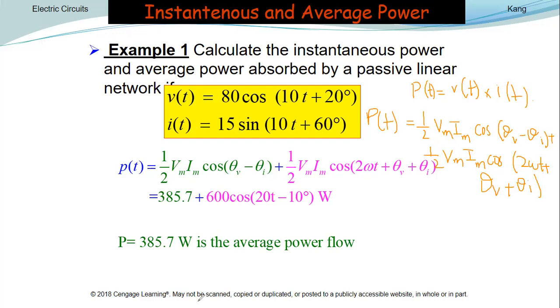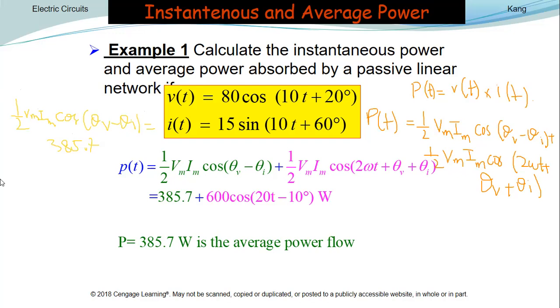Now I will elaborate the first value: half Vm Im cos(theta v minus theta I) will be equal to 385.7.